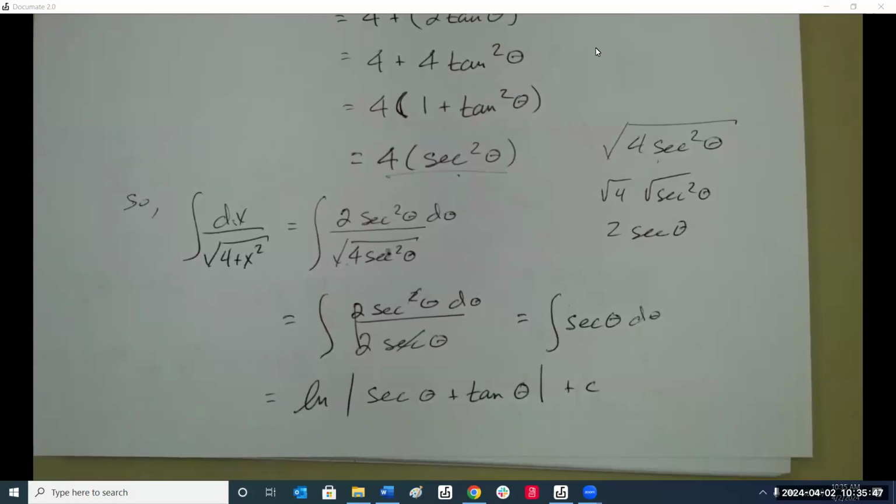Right, as the instruction said, we have to reverse back to our original functions. So now we have to take the secant and tangent part and put it back into terms of 4 and x squared.